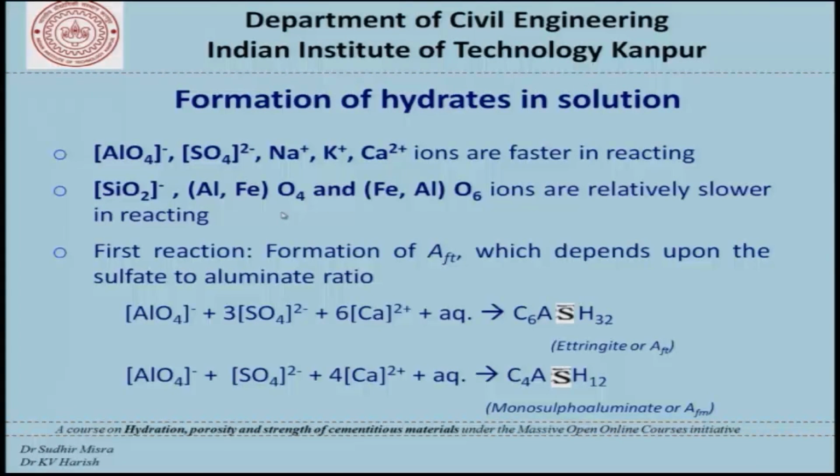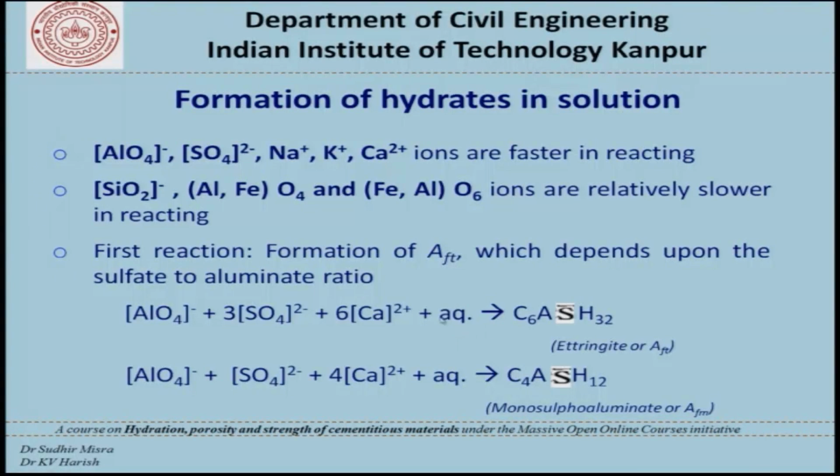Now, the first reaction that actually happens is the formation of AFt, which is ettringite, and this depends primarily on the sulfate to aluminate ratio, as in the previous lecture. So, AlO4- ion plus 3 SO4 2- ions plus 6 calcium ions in the presence of water.